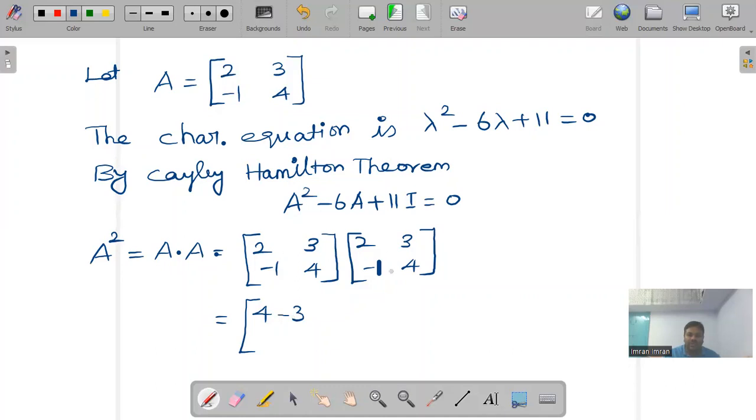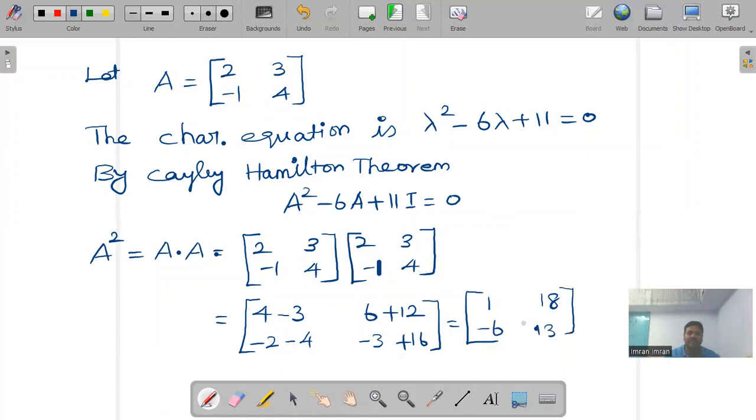First row, second column: 2 threes are 6, 3 fours are 12. Second row, first column: minus 1 into 2, minus 2, minus 1 into 4, minus 4... Second row, second column: minus 1 into 3, minus 3, 4 fours are 16, plus 16. So A square: 4 minus 3 is 1, 6 plus 12 is 18, minus 2 minus 4 is minus 6, and minus 3 plus 16 is 13.